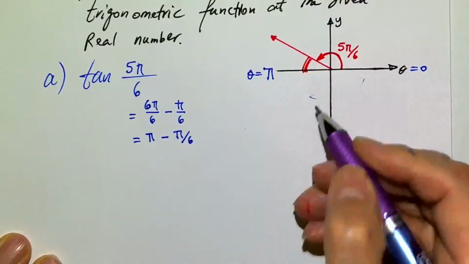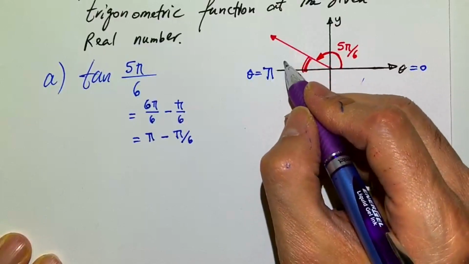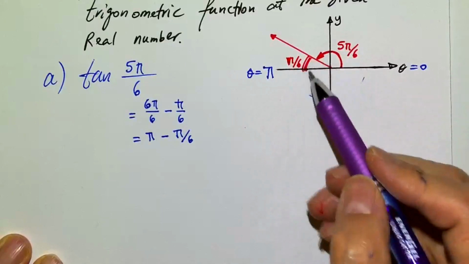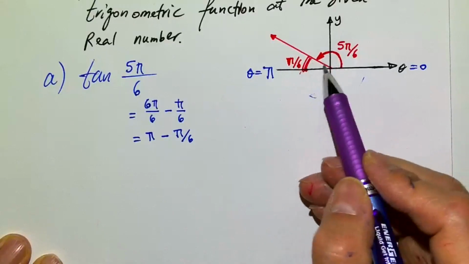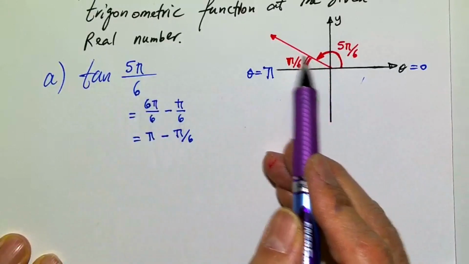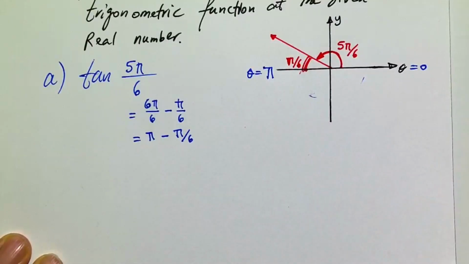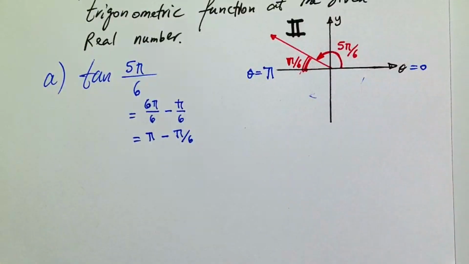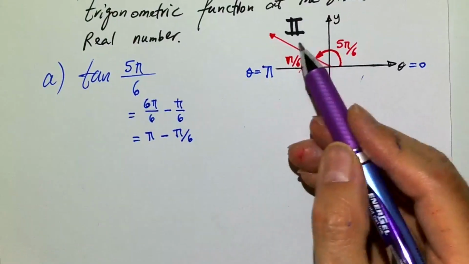So let's call this theta pi over 6, right? This angle, let me just say pi over 6. Now the reference number is pi over 6, so the tangent of this big angle is equal to tangent of this reference number, but you have to remember, please, that you're in the second quadrant. So you calculate tangent of pi over 6, but in the second quadrant.